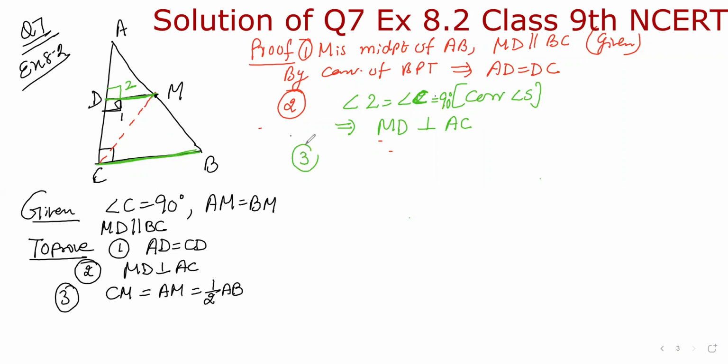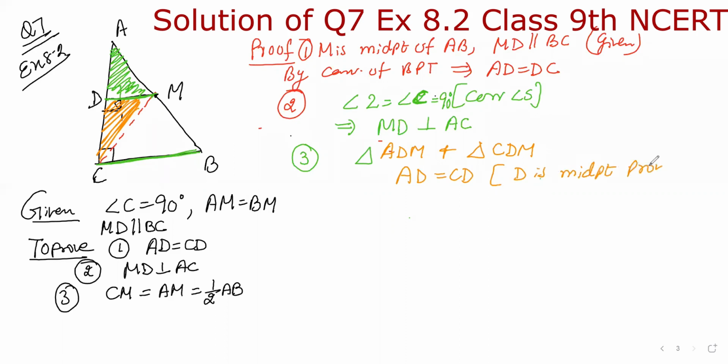Now for the third part, we have to prove that CM length is equal to AM length is equal to half of AB. So for this, let us consider two triangles. First triangle is this, triangle ADM, and second triangle is this, triangle CDM. And we will prove these triangles as congruent. D is the midpoint. Therefore, AD length is equal to CD length because D is the midpoint, proved above. ये हम already prove कर चुके हैं.